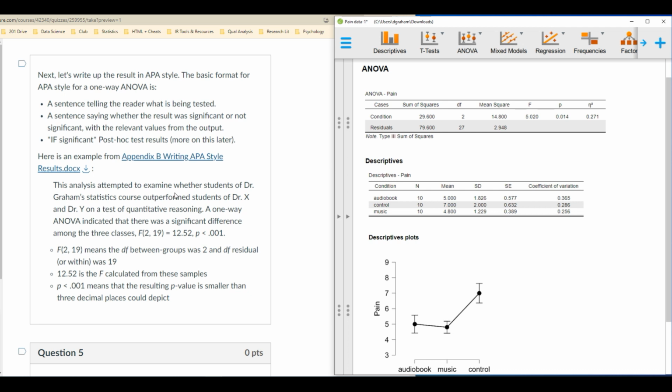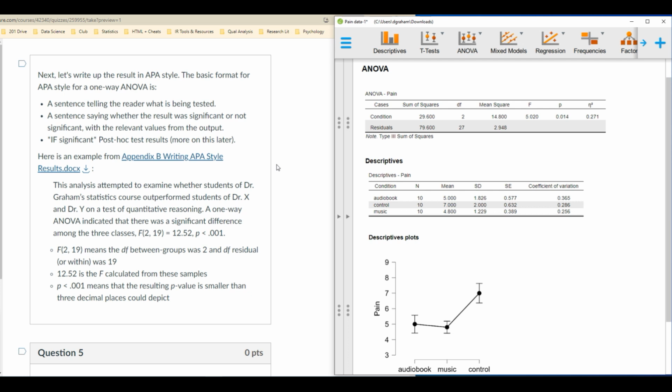So learning APA style really gives you the ability to concisely and directly communicate research findings in a way that is understandable to others who have that training and background in research and statistical analysis. So it gives us a common language to use, a common way of presenting things so that we know, oh, this number in this space always means the same thing.